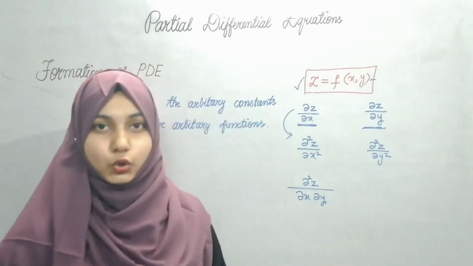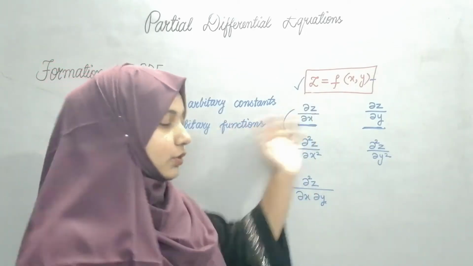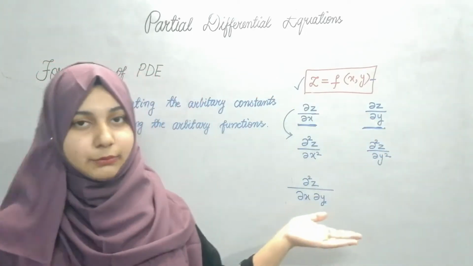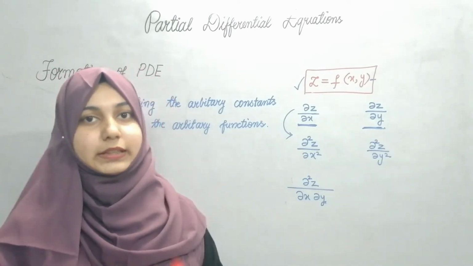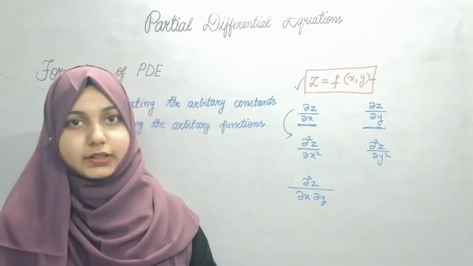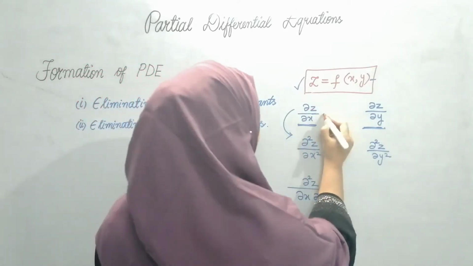Writing dou z by dou x, dou z by dou y, dou square z by dou x square all the time will be a little confusing and not very readable. So instead I'll represent them with some alphabets.